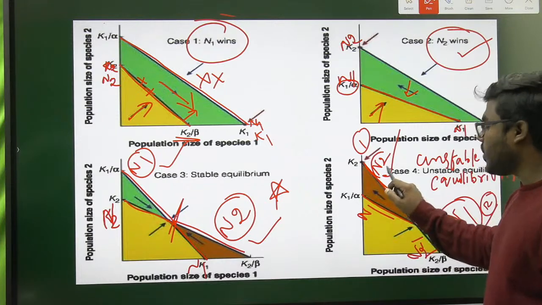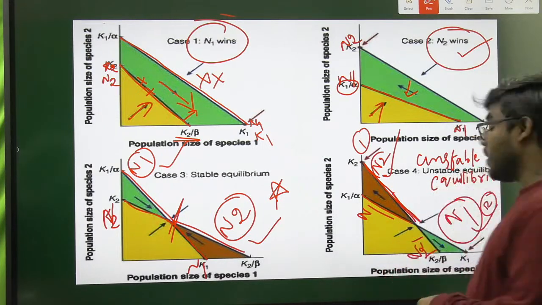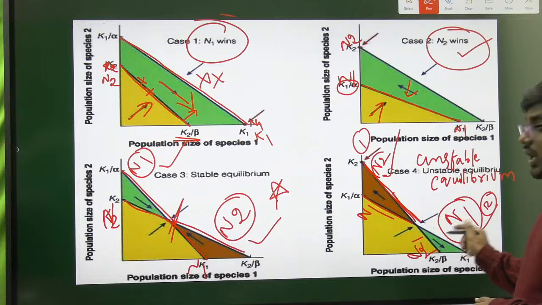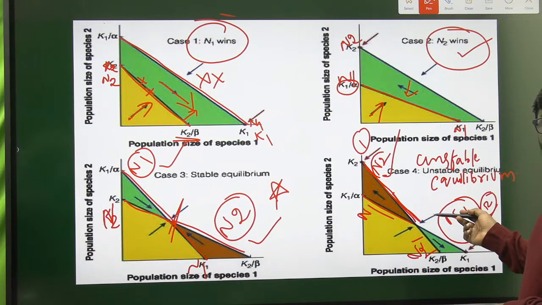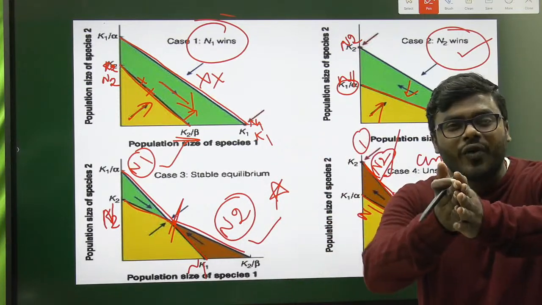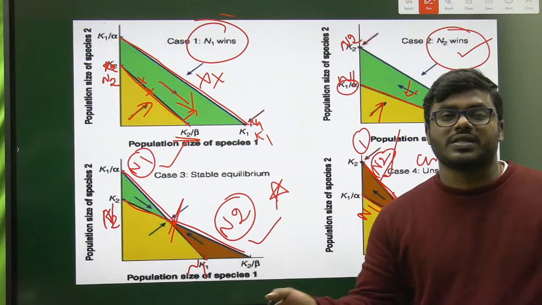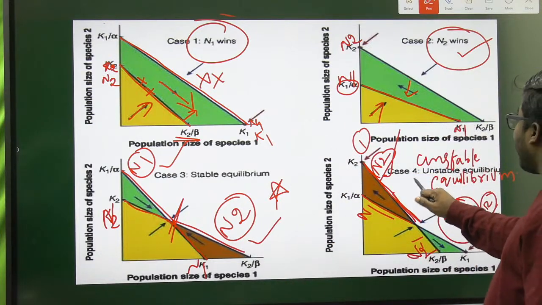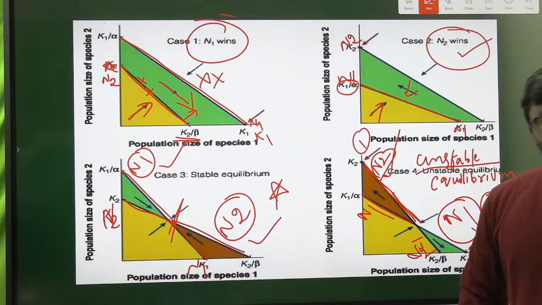But when N2 won and starts dominating, once again N1 starts to compete. Once N1 wins and tries to dominate, once again N2 starts competing. So equilibrium will form, then it will break. Equilibrium forms, breaks. Equilibrium forms, breaks. That's why we call it, friends, unstable equilibrium.